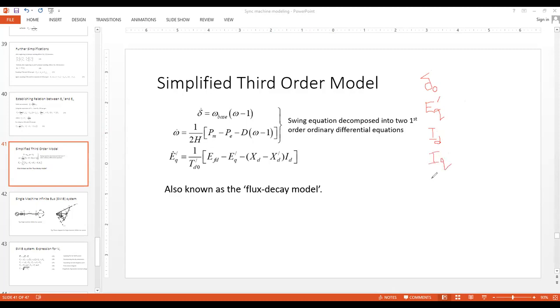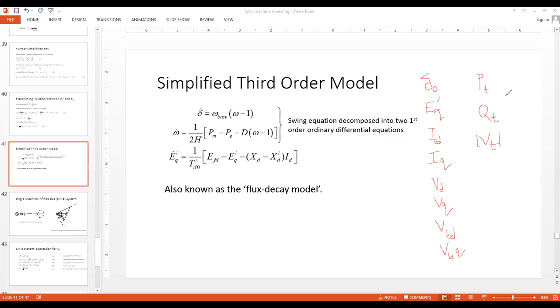The DQ components of the terminal voltage of the generator, that is Vd and Vq. The DQ components of the infinite bus voltage, which were Vbd and Vbq. And we also cross-checked the obtained values by recalculating the Pt, the Qt, and the magnitude of Vt.